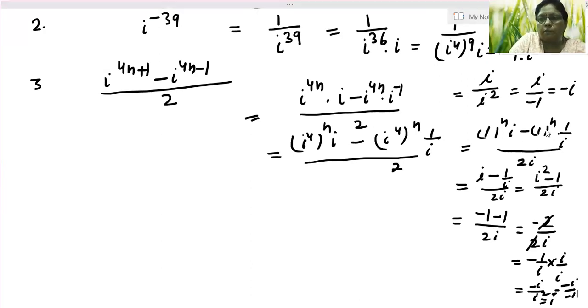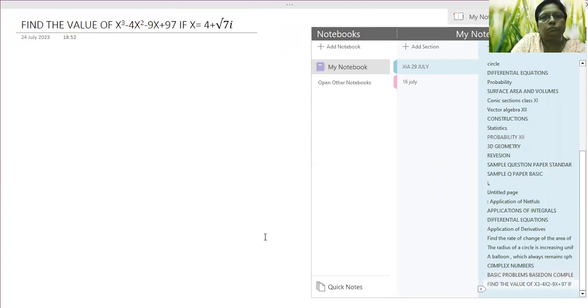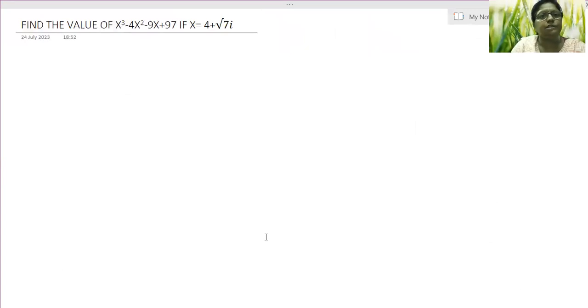Now let us take one complex problem. Find the value of x cube minus 4x square minus 9x plus 97, where x is 4 plus root 7 i. Now this is given as x is equal to 4 plus i root 7.